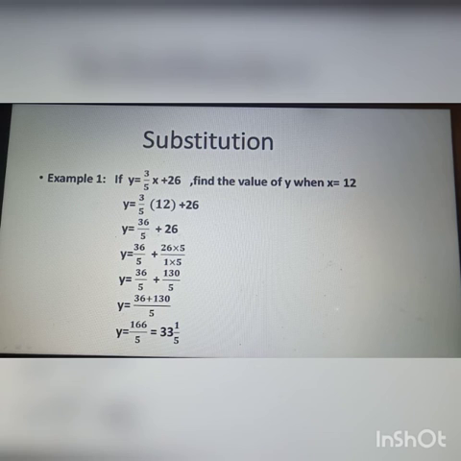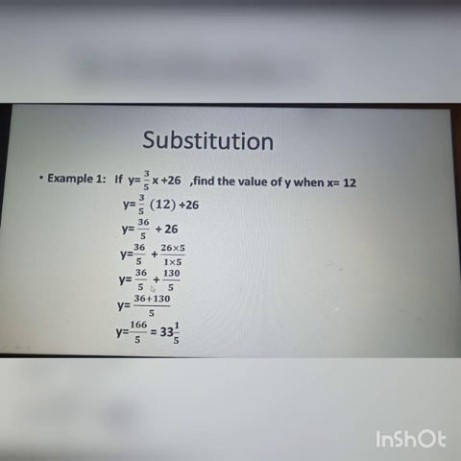Now how to add a fraction with a whole number? Let's make both of them fractions with the same denominator. You have been doing this work in junior levels as well. So how to make the denominator the same? By multiplying 5 with the numerator and with the denominator as well. Now in this step you can see the denominators have been made the same. 5 times 26 is 130.